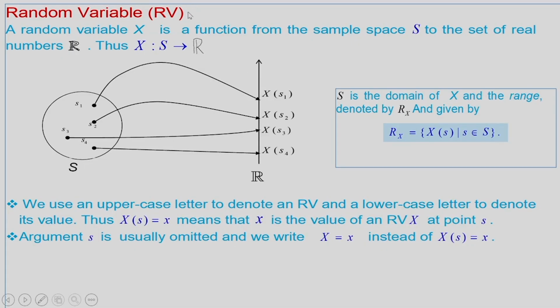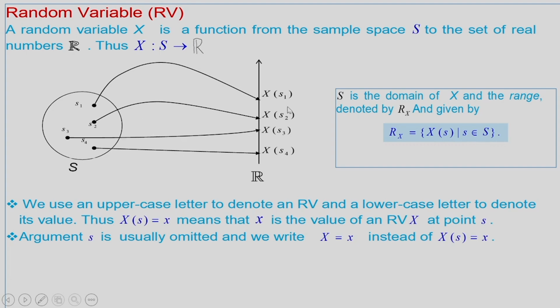Random variable, it is abbreviated as RV. A random variable X is a function from the sample space S to the set of real numbers R. So, actually it is a mapping from the sample space S to the set of real numbers R. Thus, X is a mapping from S to R. Since it is a mapping, we have to define what is the domain, S is the domain, and the range Rx is a subset of R, given by Rx is equal to {X(s) such that s belongs to S}.